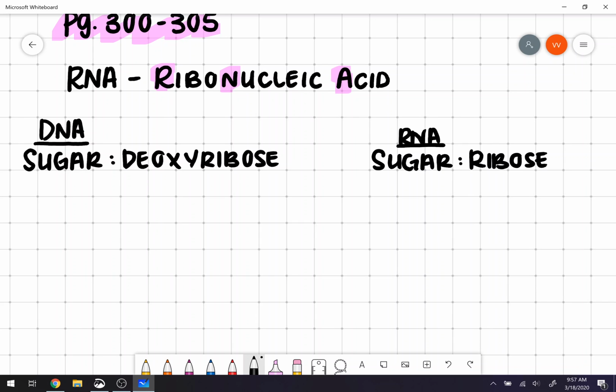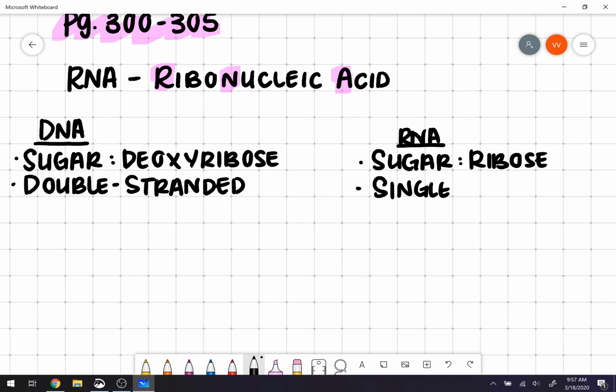Okay, DNA is double-stranded. Hopefully you guys remembered we talked about it having that double helix structure with two strings twisted around each other. RNA is a single strand.